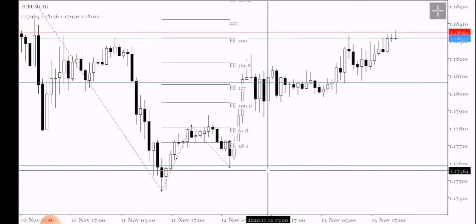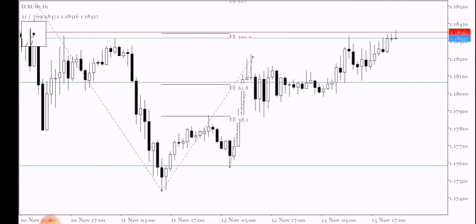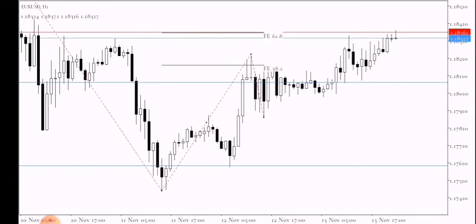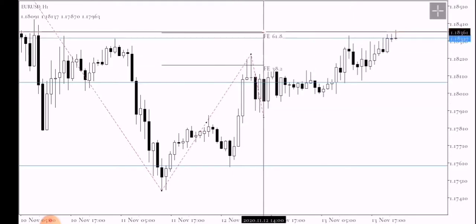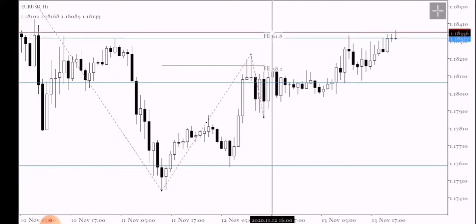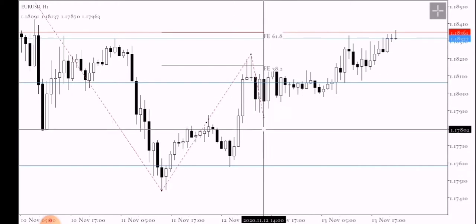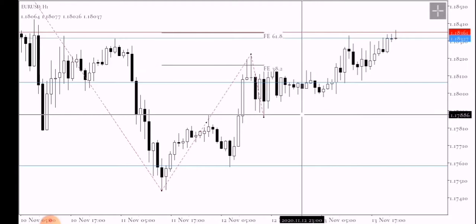And now if I take this Fibonacci tool here and extend it all the way to the high of wave 3 to wave 4, you can see that the 61.8 has touched right exactly where the potential end of fifth wave, as it stands at the moment, has ended. And the fifth wave itself, if you take it from here all the way here, let me show it to you.